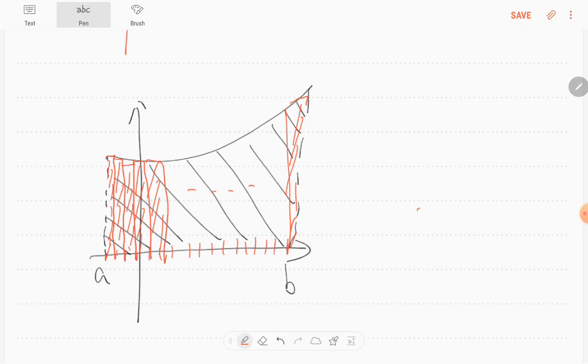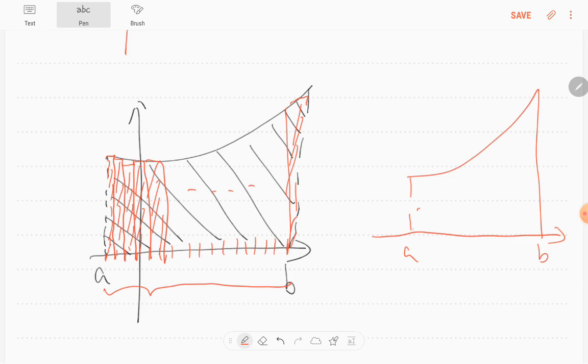So the idea is, let's divide this interval from A to B into very tiny subintervals. So in other words, we have AB, and this is the curve we have, from A to B. If the interval is very tiny, on each interval we form a rectangle.